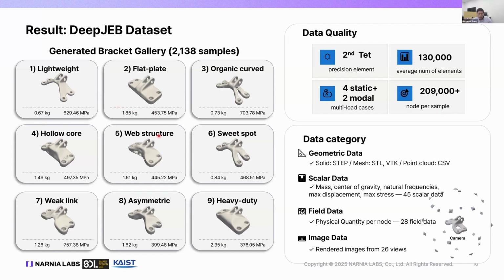The data categories are extensive. We provide geometric data like STEP and STL files, scalar data such as mass and maximum stress, and detailed field data for every node. We even rendered images from 26 different views to support research on multi-view models.